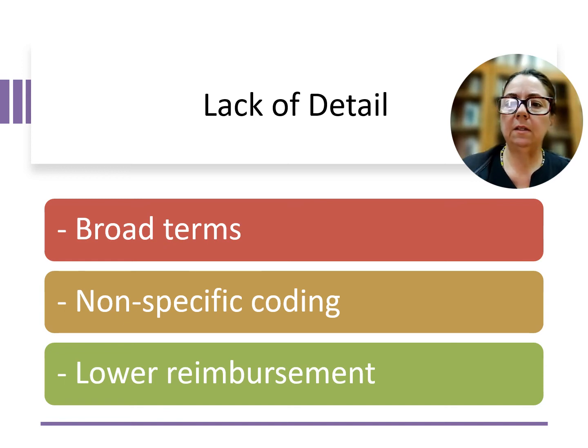Lack of detail can lead to non-specific coding, as we mentioned before, and as always affect reimbursement rates and not meet quality measure requirements. Quality audits may note the lack of specificity impacting the audit outcome. So validation requires detailed documentation to ensure that the diagnoses are supported by the specific clinical findings.